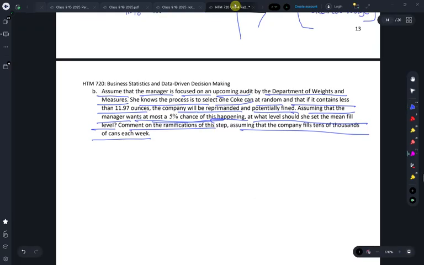In particular, our initial focus is what value should the mean be at. Okay?